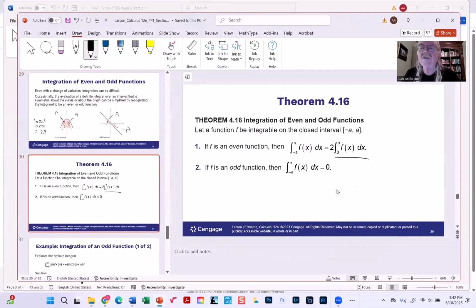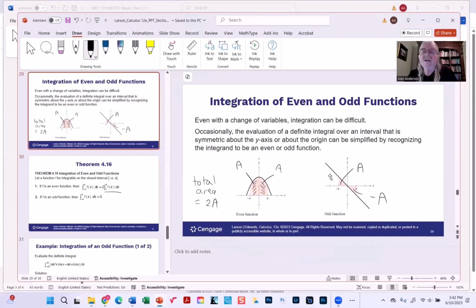In other words, instead of negative a and positive a, the limits are from 0 up to a. So you can just double this piece here because of the symmetry.